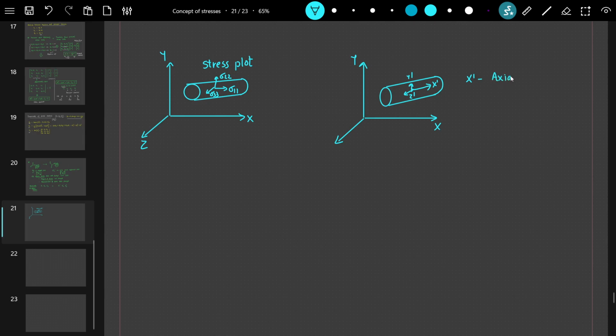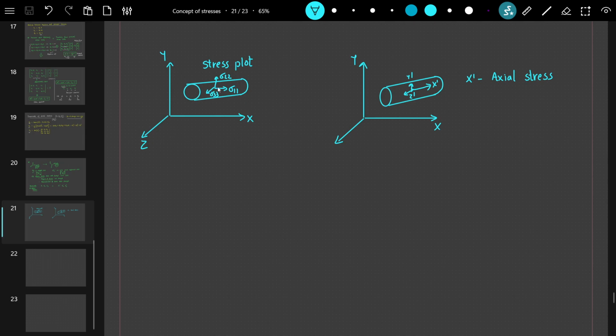We might be interested in axial stresses, so we create a local coordinate system such that x' is oriented along the axis of this cylindrical component.